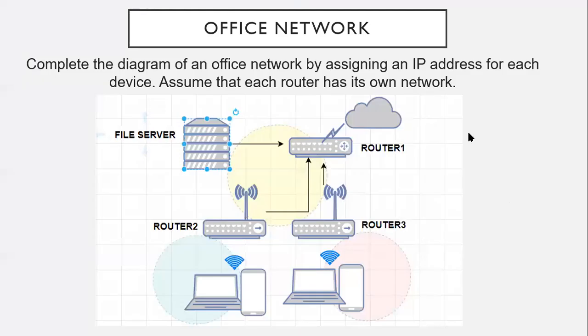Okay? So now let us proceed to a sample office network, and our activity right now is to assign IP address to the devices here. Now remember that in assigning IP address, we statically or manually assign IP address to your routers and the router servers access points.